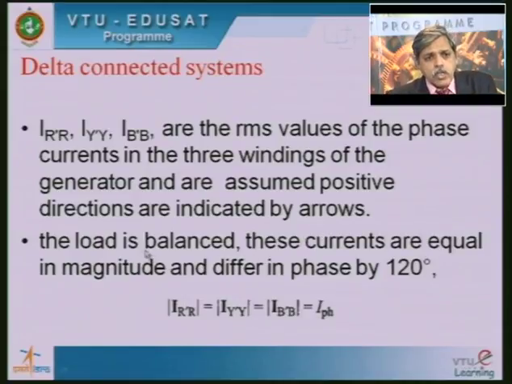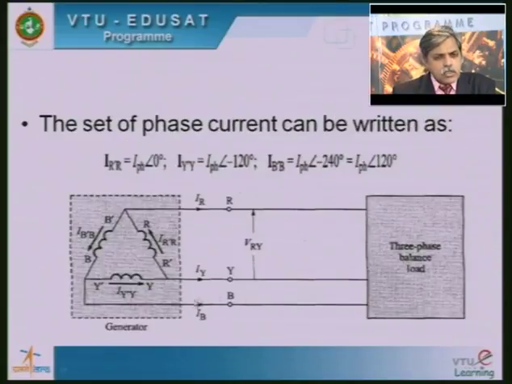One more thing is, when the load is balanced, all these 3 currents have the same magnitude, and I call that magnitude the phase current, I phase. So this is a delta connected system. Now you can see here the current in the phase I R dash R is represented by an arrow pointing from R dash to R. That means this current is positive in this direction.